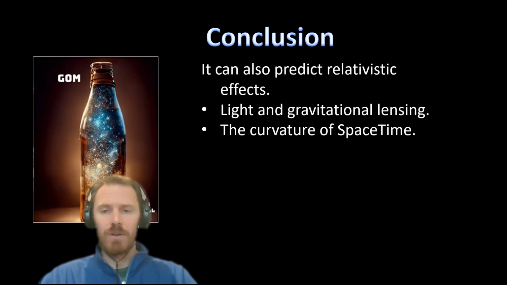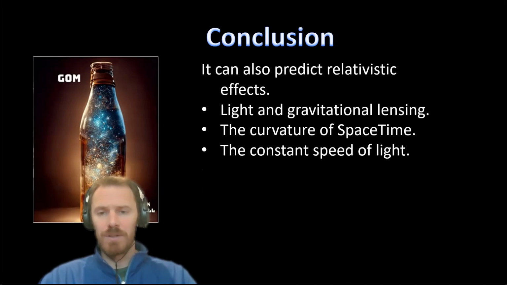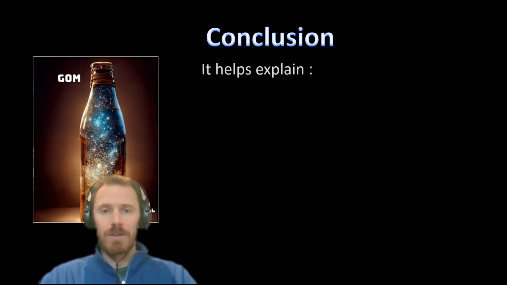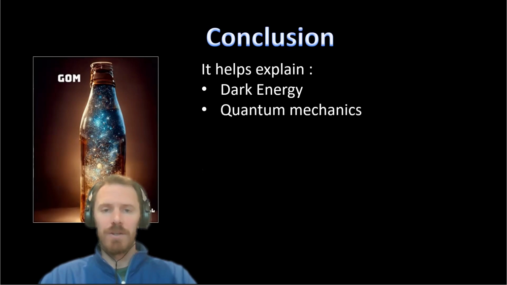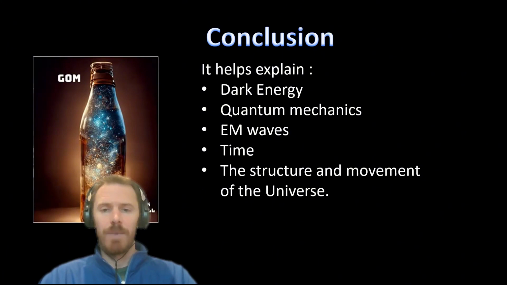It can help predict the curvature of space-time, the constant speed of light, as I've mentioned, and it also helps explain other things like dark energy, quantum mechanics, electromagnetic waves, time, and the structure and movement of the universe.